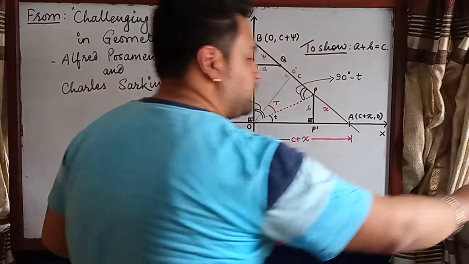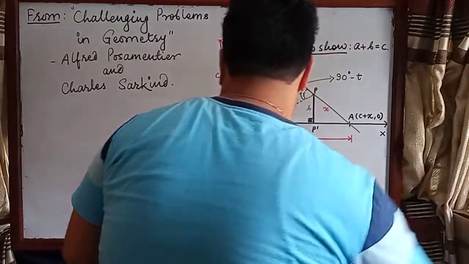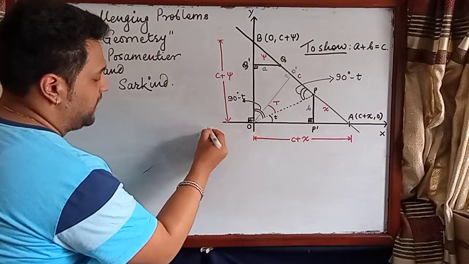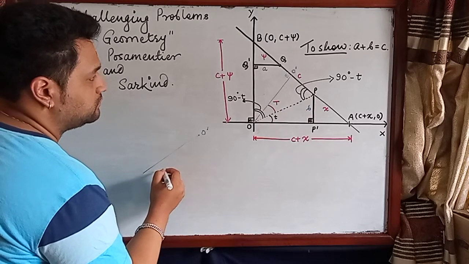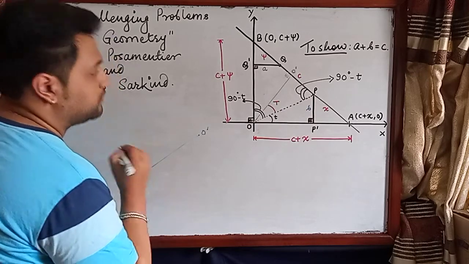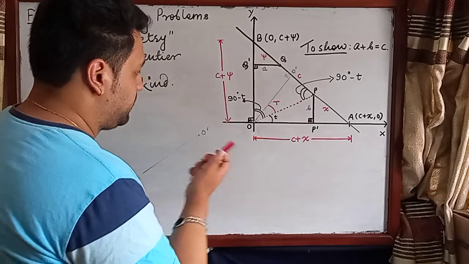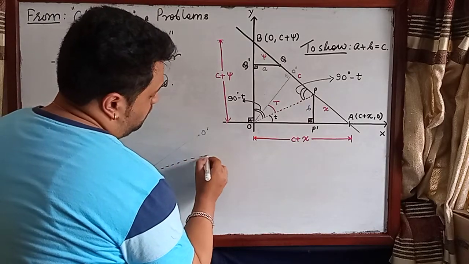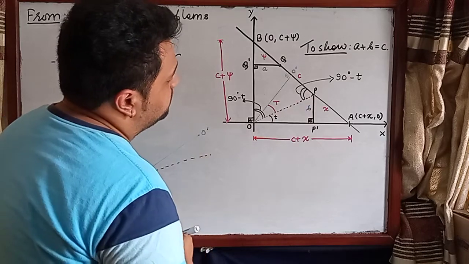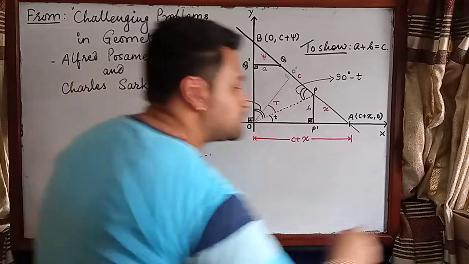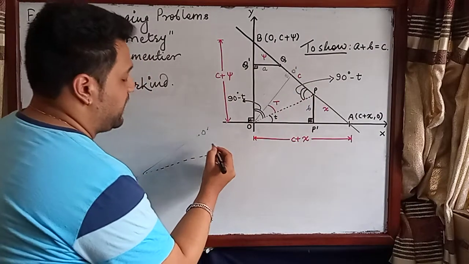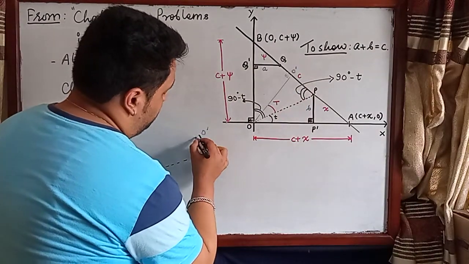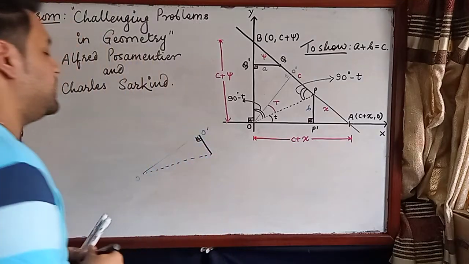Then let's look at this triangle. Here's O, here's P, and we have O dash, something like this.